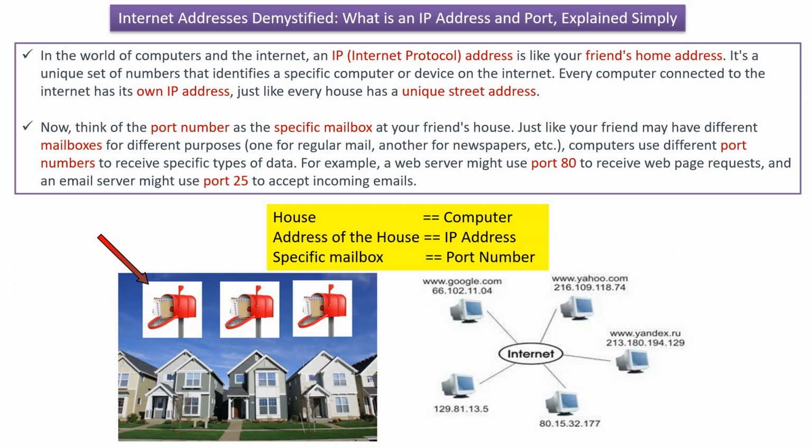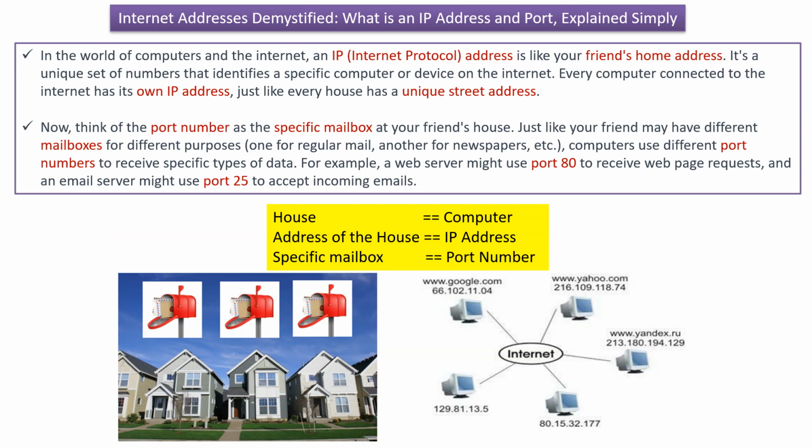Just like your friend may have different mailboxes for different purposes, for example, one mailbox for regular mail, another mailbox for newspaper, etc. Like that, computers use different port numbers to receive a specific type of data.